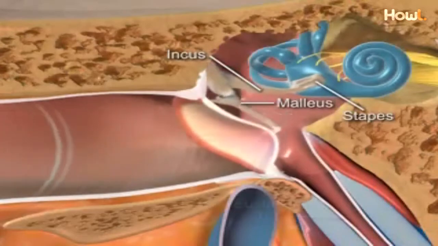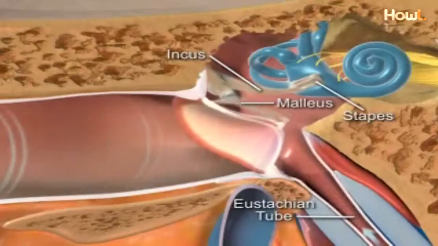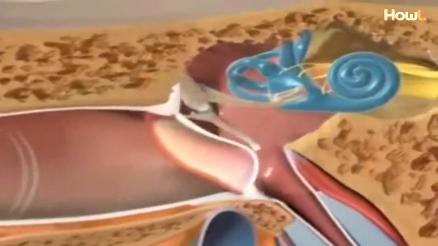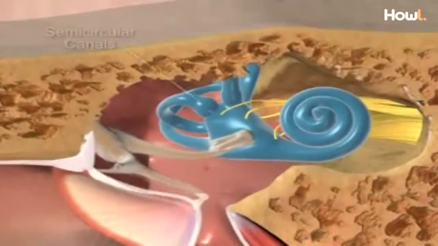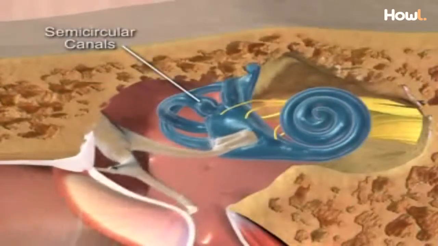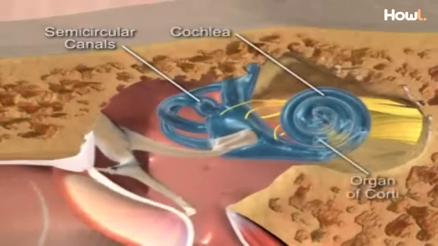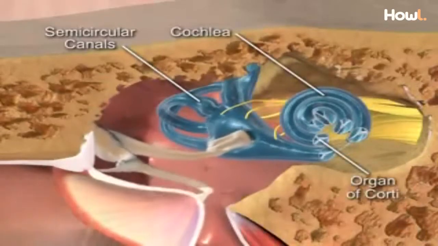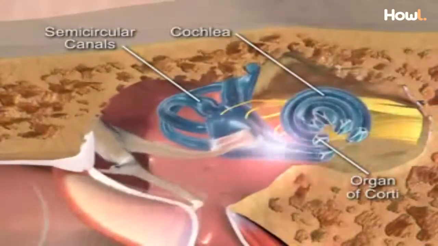The eustachian tube of the middle ear opens into the pharynx and permits air pressure to equalize between the ear and the outside air. The inner ear is maze-like, consisting of bony and membranous structures surrounded by fluid. The semicircular canals are fluid-filled bony loops that help maintain our body's balance. The cochlea is a fluid-filled, snail-shaped structure that houses the organ of Corti, the true organ of hearing. The fluid aids in the transmission of the vibrations.